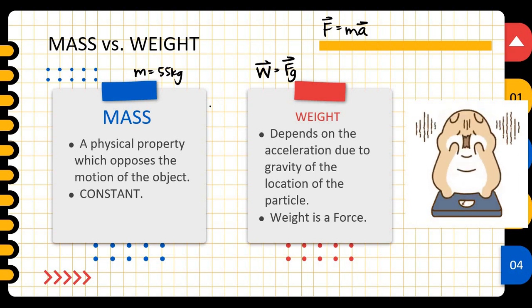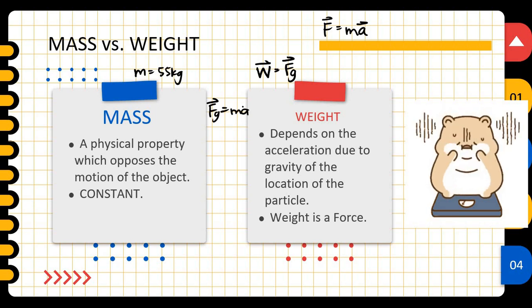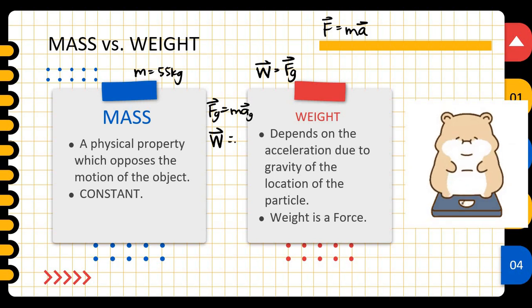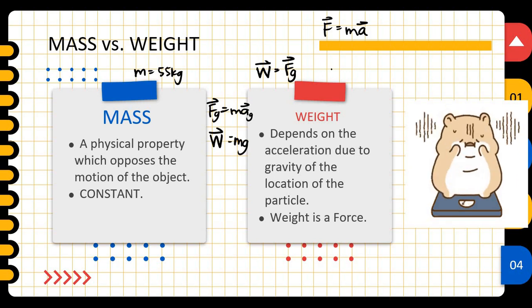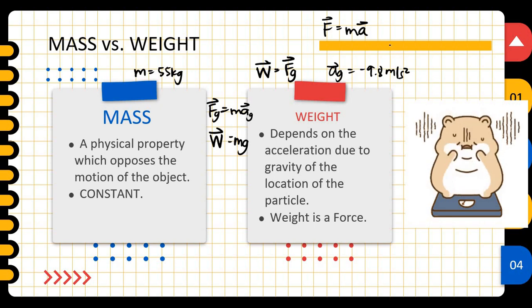So F sub g is equal to m a sub g, or weight is now equal to the product of the mass and the acceleration due to gravity. And we knew that the acceleration due to gravity is equal to negative 9.8 meters per second squared.